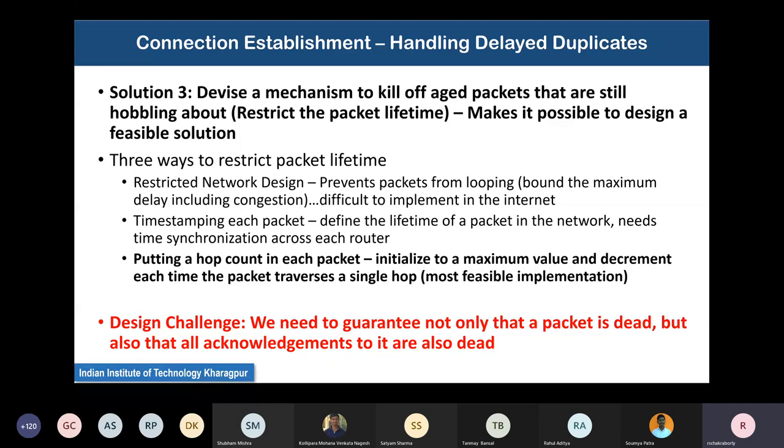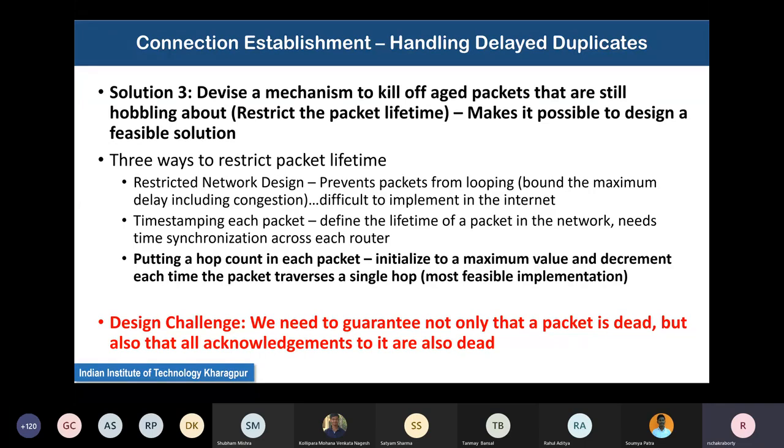But this is very, very difficult to implement in the network, particularly in the internet, particularly in the way the network layer works. It's quite difficult to guarantee the delivery time to be bounded, and kill off that packet, because that's not how the network layer works.